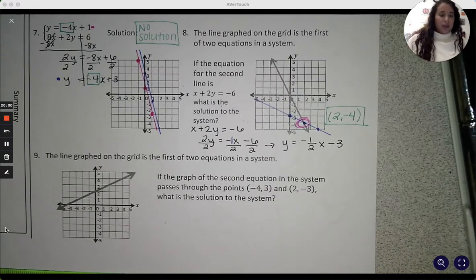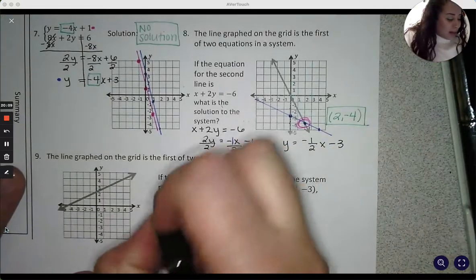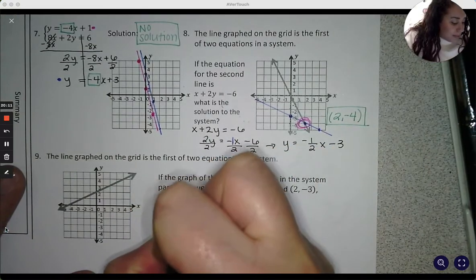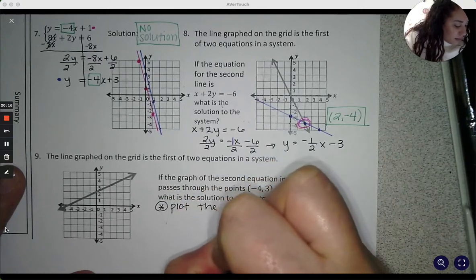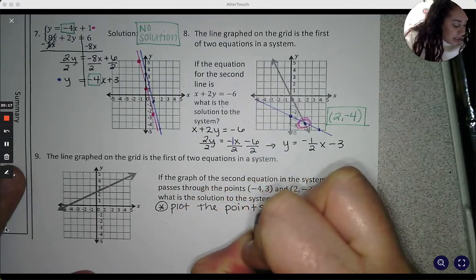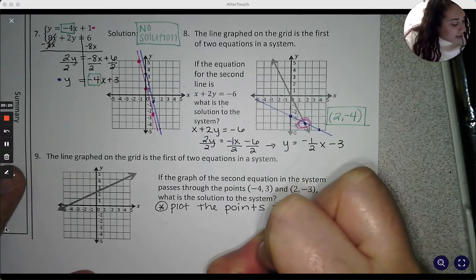So whenever you see a problem like this, and they've given these types of problems on the EOC before, plot the points. And connect the dots.